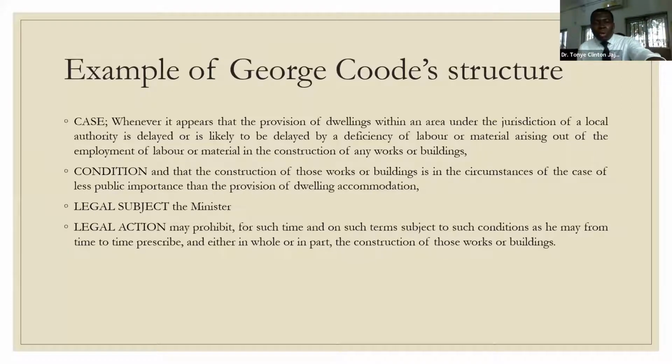So I can create conditions. The minister may prohibit any car from exceeding 20 kilometers per hour on Nigerian roads, except number 1, police cars. Number 2, ambulance. Number 3, the convoy of the president of Nigeria.